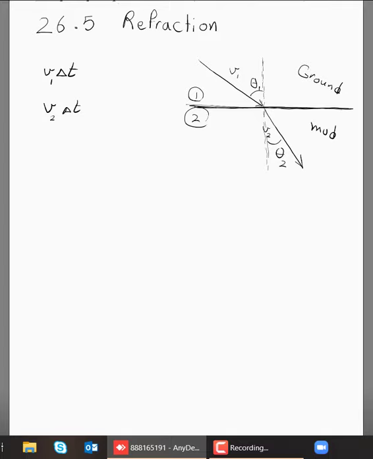Okay, if you take a look at page 929, it shows how the following equation that I'm going to write for you is derived, but I'm not going to prove it here because we want to go on to other sections. But we need to know that sine theta 1 divided by v1 equals sine theta 2 divided by v2.